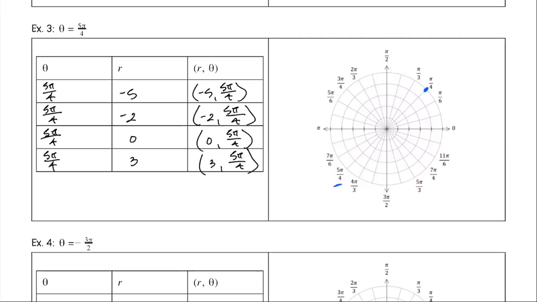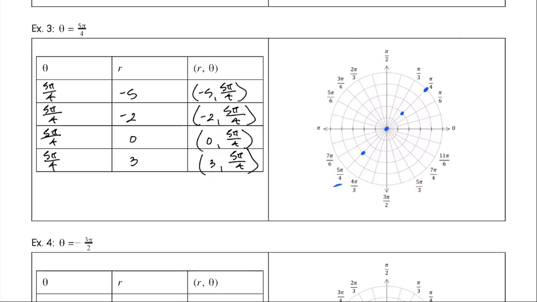Okay, now when we plot -2, 5 pi over 4, it's in that same direction, but it's only out 2 circles. 5 pi over 4, 0 is going to be right there because I'm not going out any circles. And then 3, 5 pi over 4 is down here. Okay.